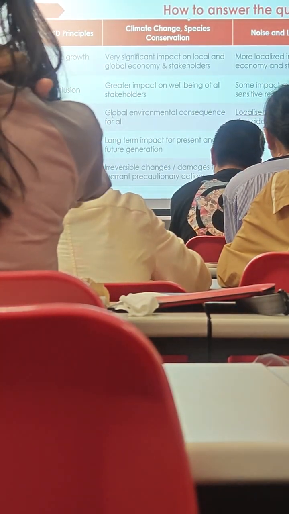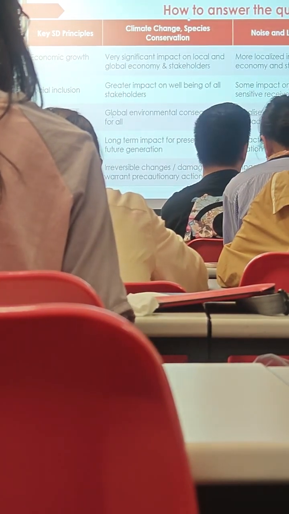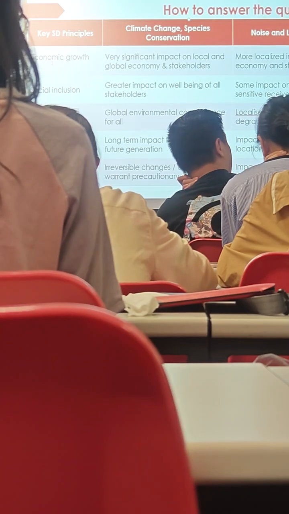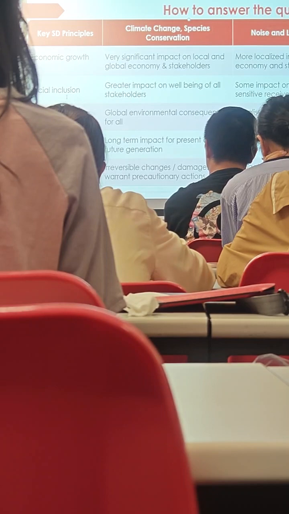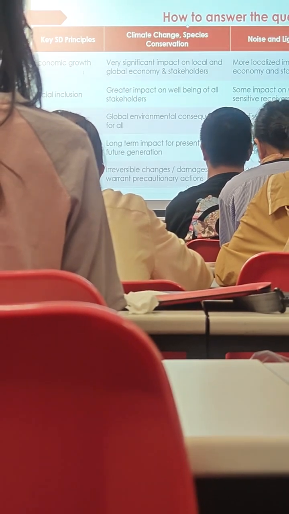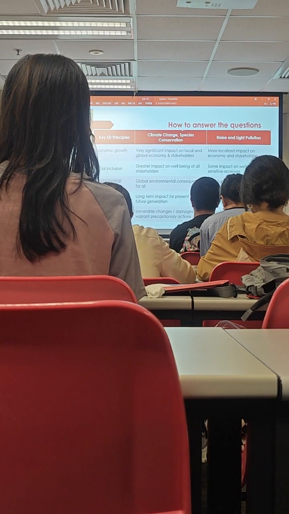That means they try to strike a balance with the current living style. They want to maintain the stability of the society and also the economy, but try to tackle the environmental problem, taking into account the economic and social aspects, for the benefit of this generation and the future generation.